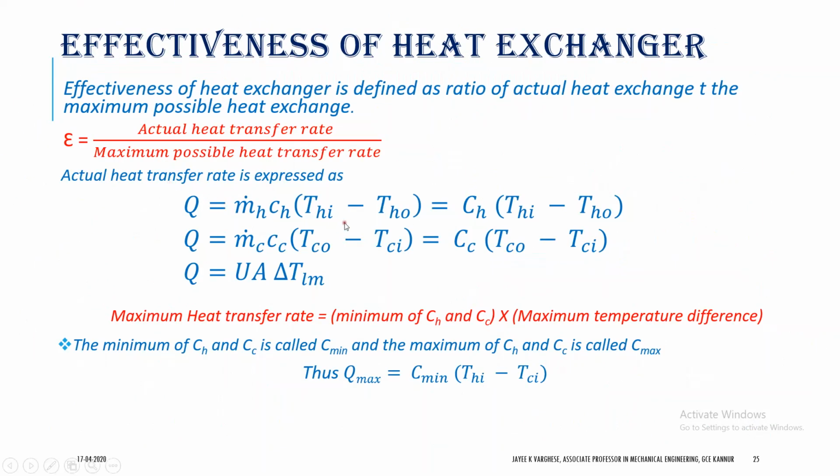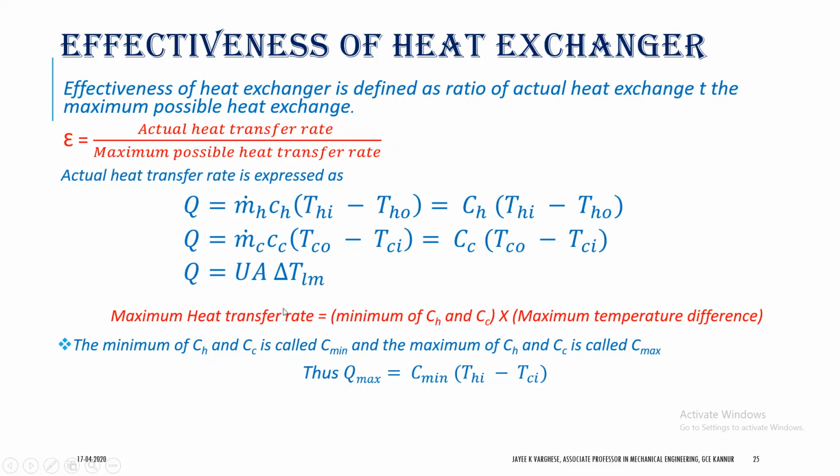From these relations, we can calculate any missing temperature, provided mass flow rate and specific heats are known. And the heat transfer, or any missing parameter, can be calculated only if we know delta Tm, that is LMTD.